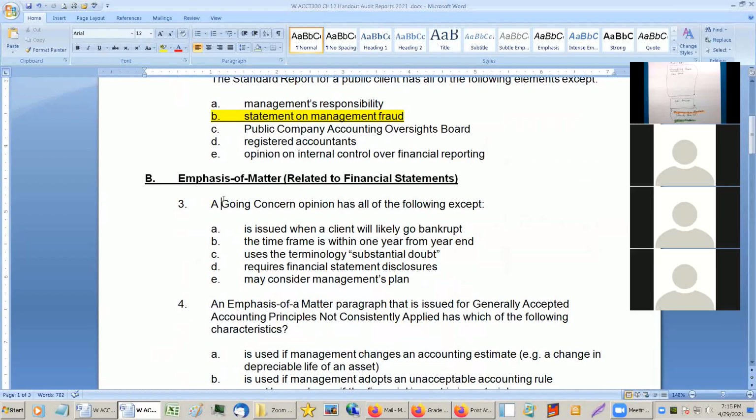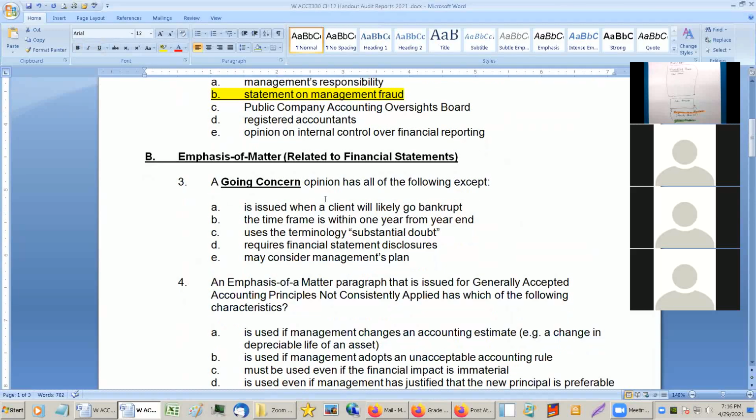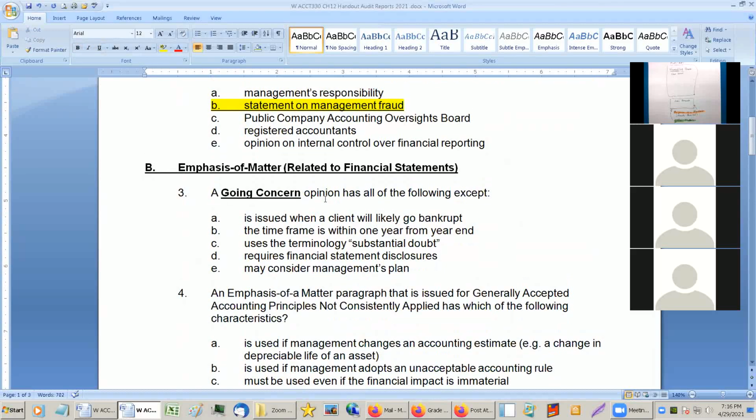Okay, going concern opinion. This is a paragraph that's put on. Can a company that's going bankrupt make their financial statements correctly? What do you think? Yes or no?